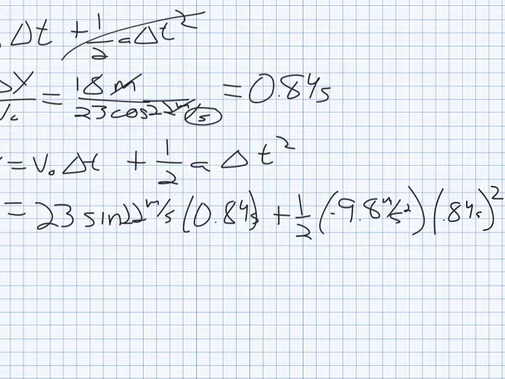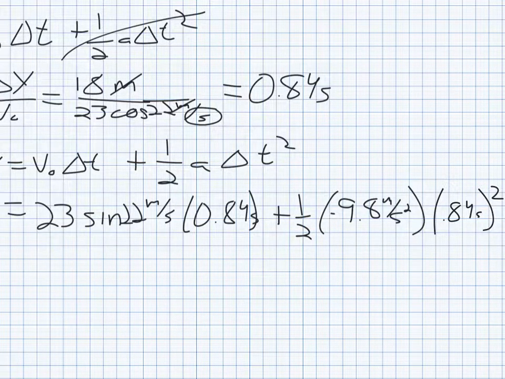Let's see what the calculator says. I have 23 sine 22 times 0.84 plus half of negative 9.8 and 0.84 squared.